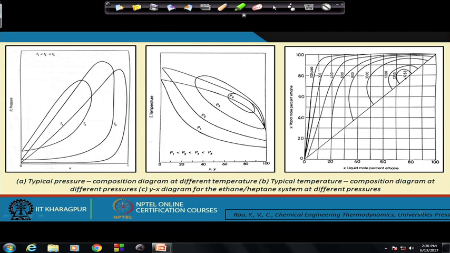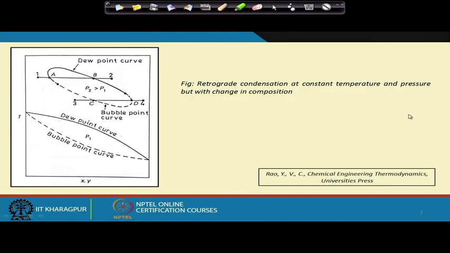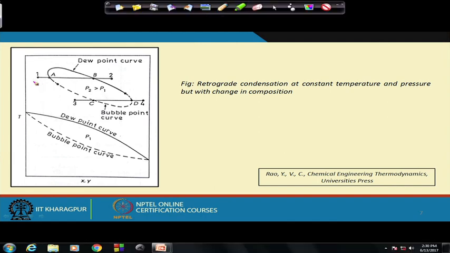Let us see, if you observe them more closely, what do we get? At higher pressure, suppose we have taken up a constant temperature line here. We have taken the line such that it does not cross the bubble point curve, but it crosses the dew point curve twice.